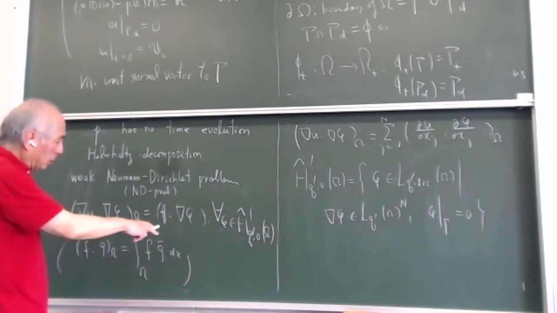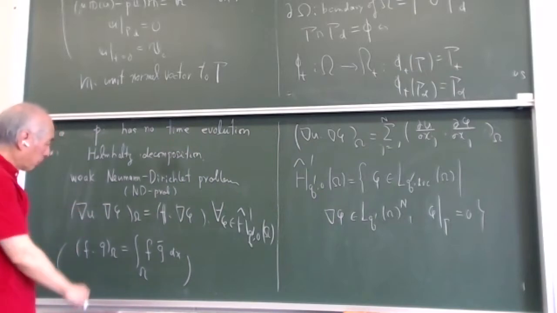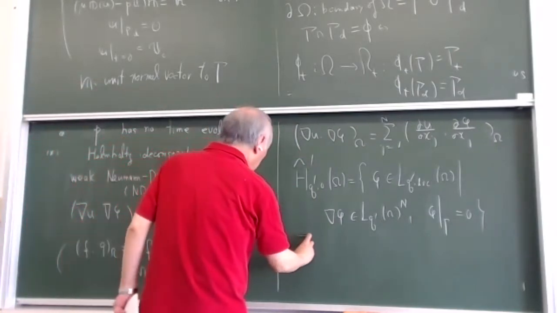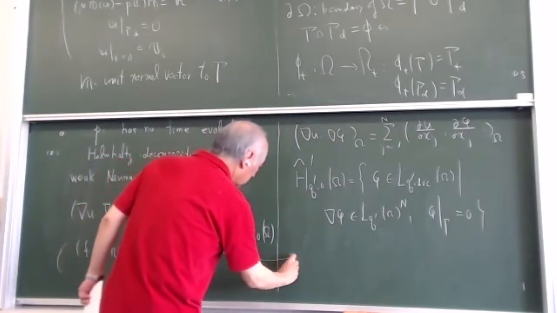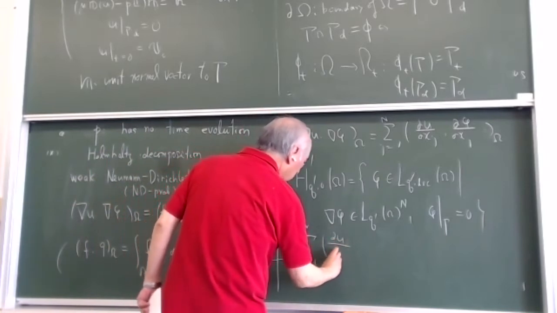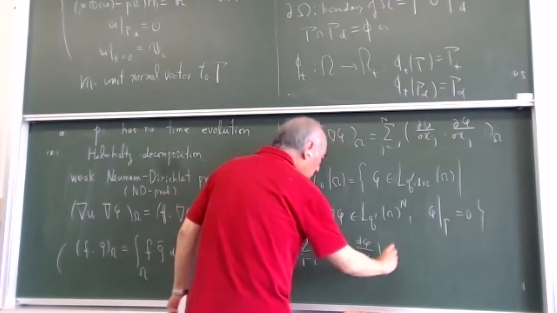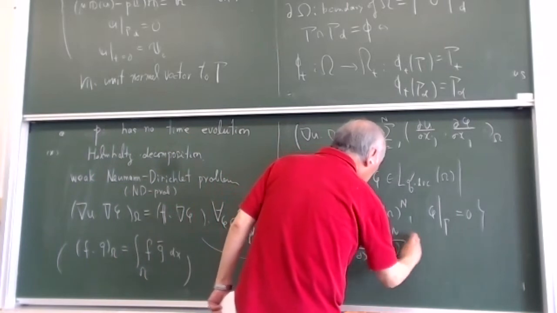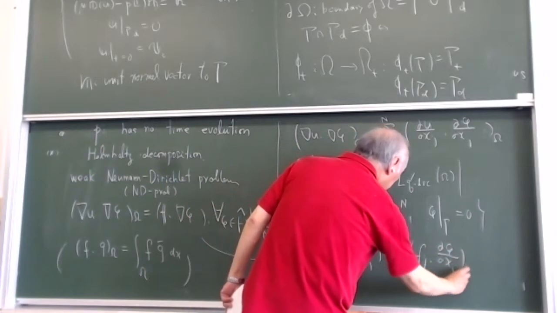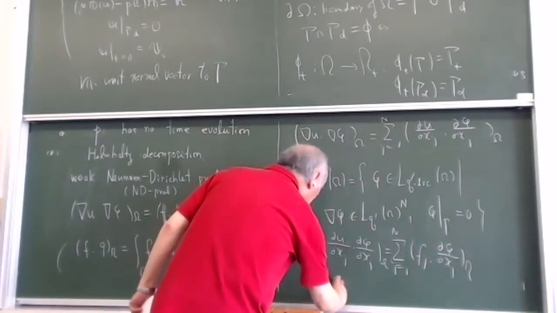If you are not so familiar with the vector representation, then I will explain it. This equation is just the sum over j from 1 to n of the integral of dxj u times dxj phi equals the sum over j of the integral of f_j times dxj phi. Here f is a vector.